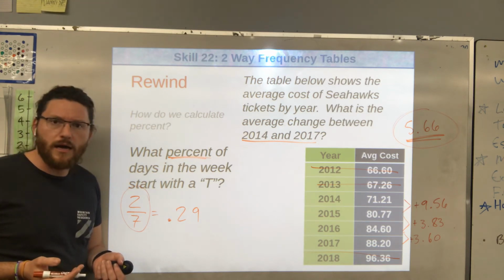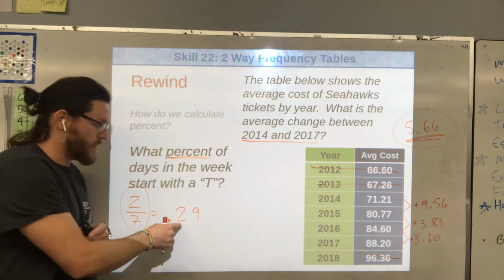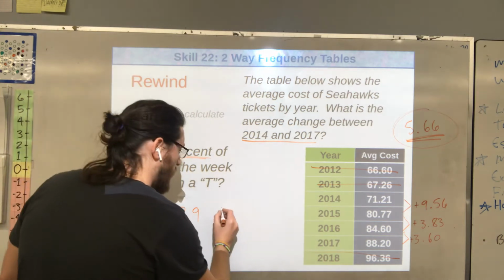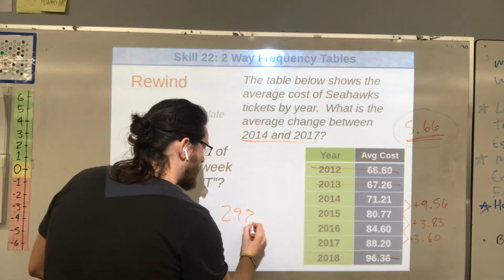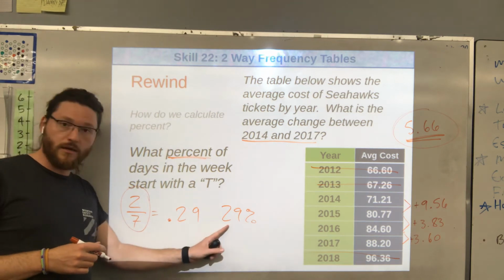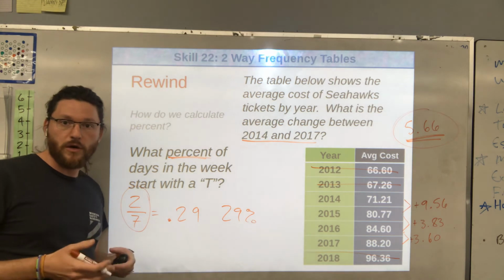And then percent deals with parts out of 100. And this is 29 hundredths, or 29 out of 100, or 29%. Okay, there's a lot of different ways to think about how to get from here to here, right? 29 hundredths gives you your value as a percent, right?